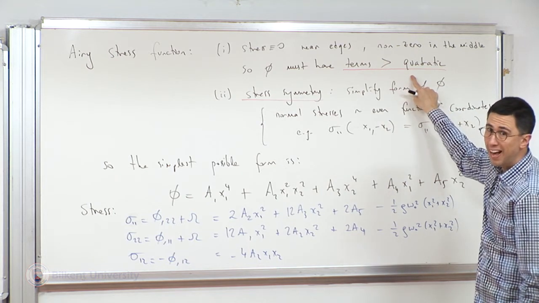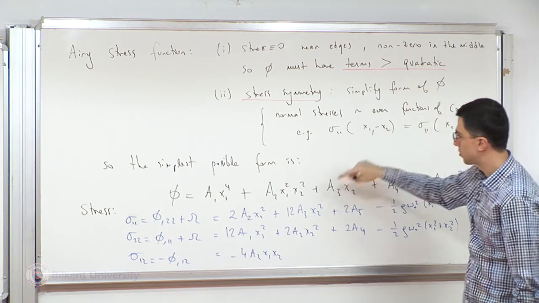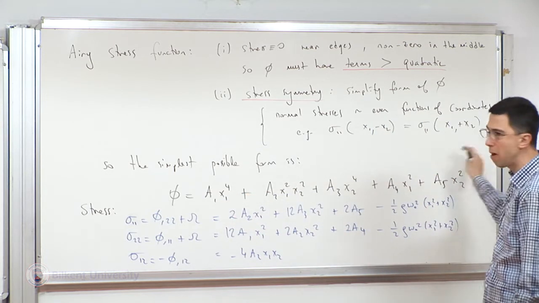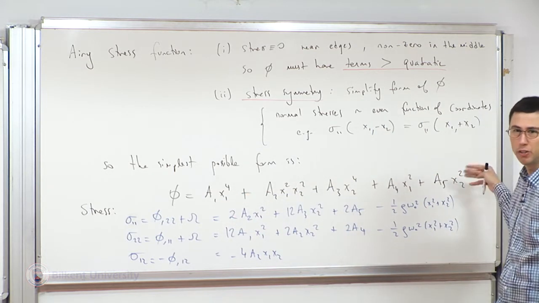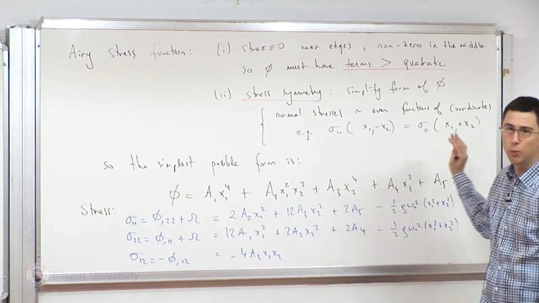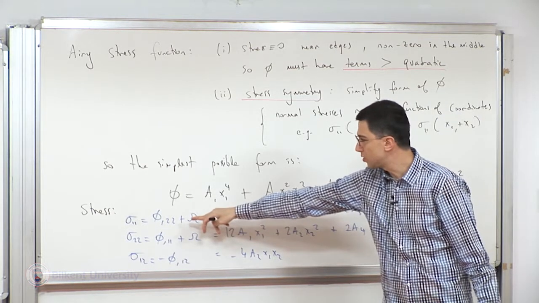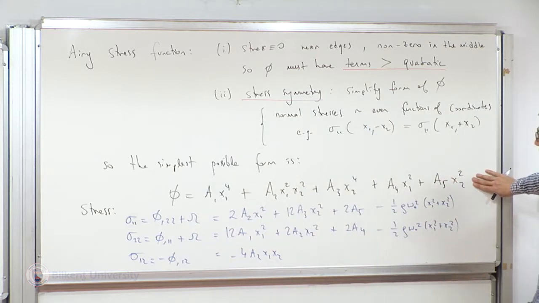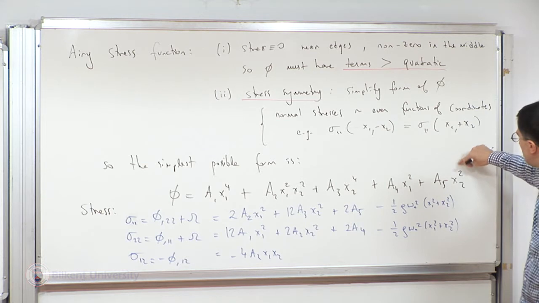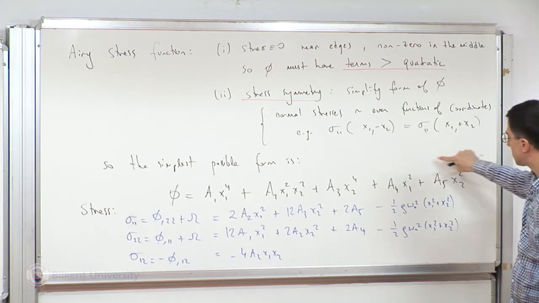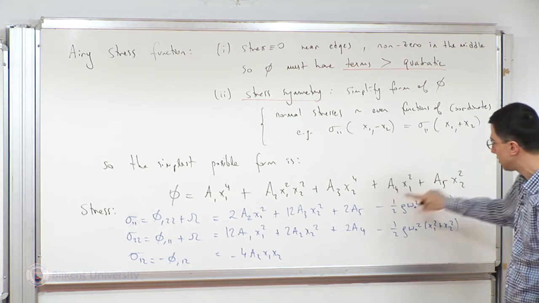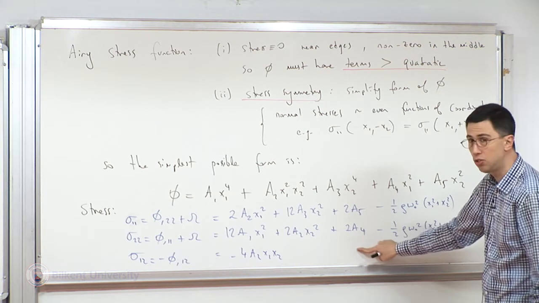I must have at least cubic terms. Okay, so I have, for instance, yes, I have quadratic. Remember, we're not interested in terms that are linear or constants. We already argued that since stresses are associated with second derivatives, I'm not interested in any constant term or linear term anyway. So the least we start with is quadratics. I have the quadratics, but quadratics lead to a constant stress field. In particular, they deliver these two terms.